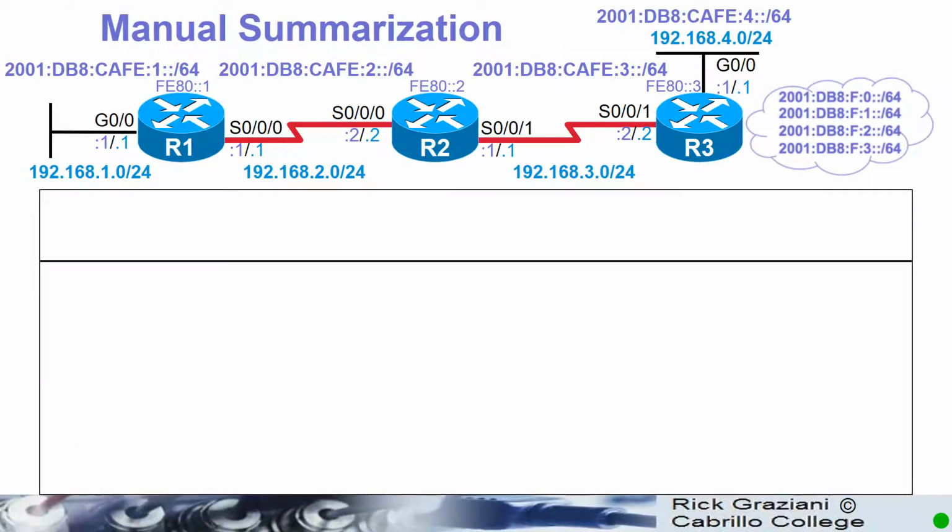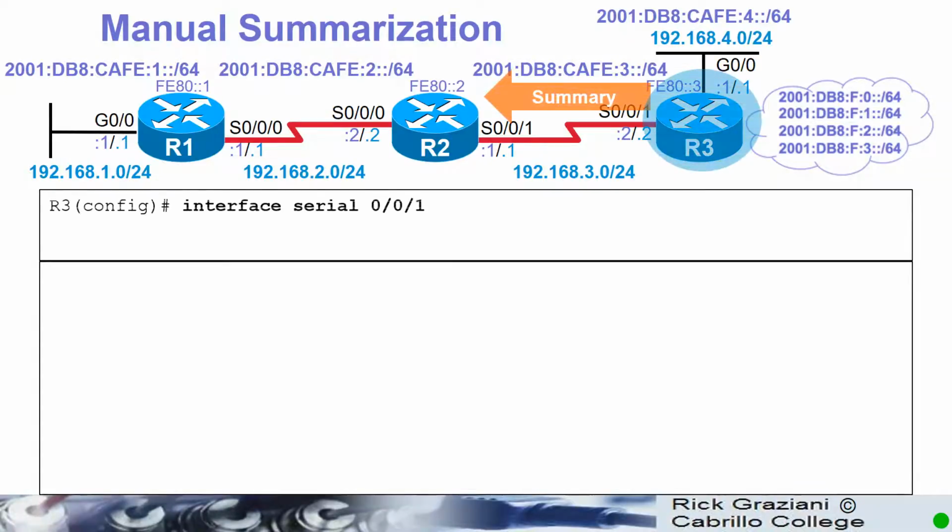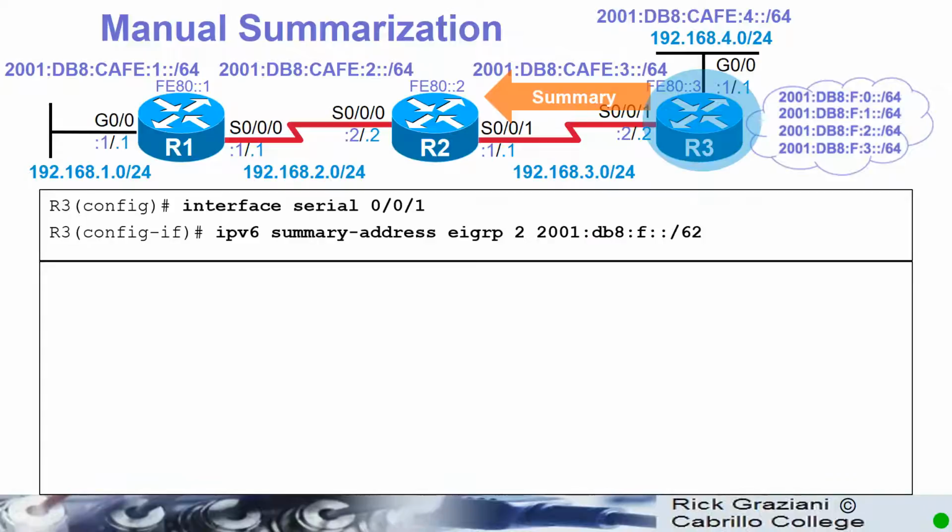You can also do the summarization. You can do it statically or manually. And if you manually do it, you can do it like that. Underneath an appropriate interface, you can do a summary address, EIGRP, and then the appropriate summarized address. /62, why?